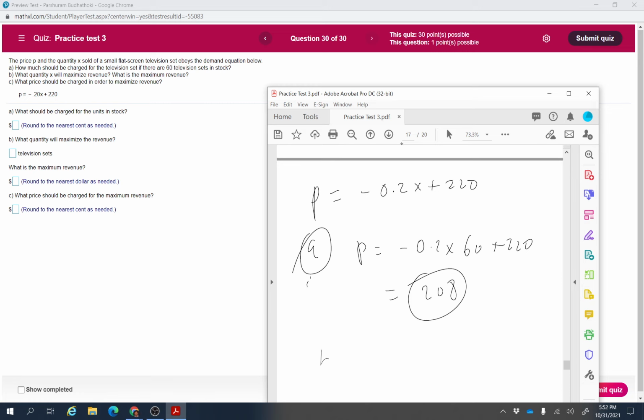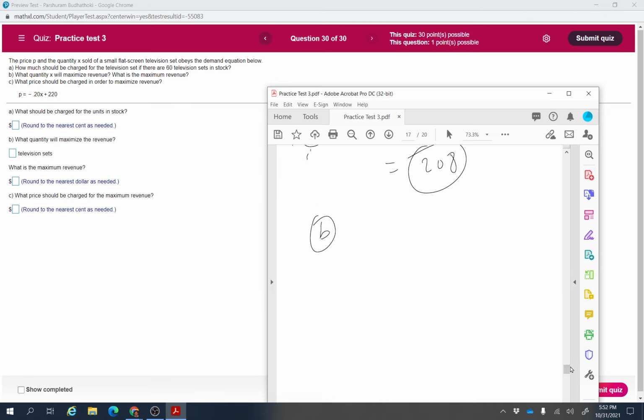To answer part B, what quantity will maximize the revenue? The revenue is the price times the quantity we sell, which is P times x. If you put in the value of P, negative 0.2x plus 220, times x, we get negative 0.2x squared plus 220x.